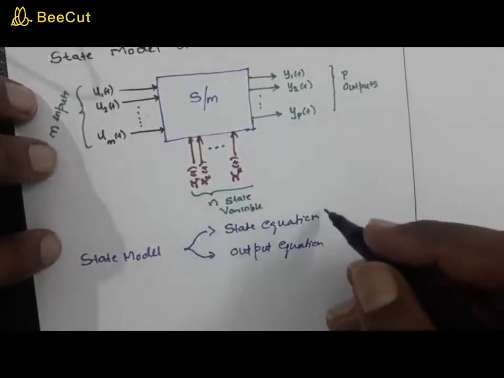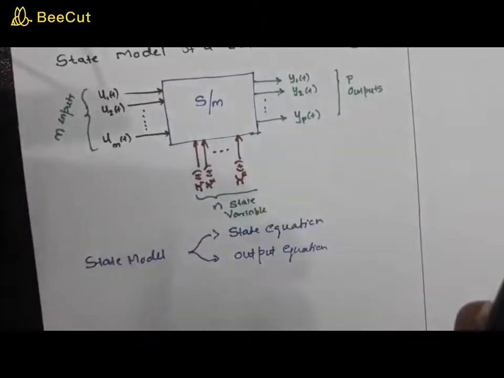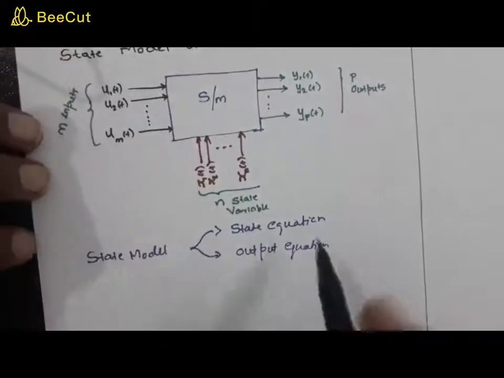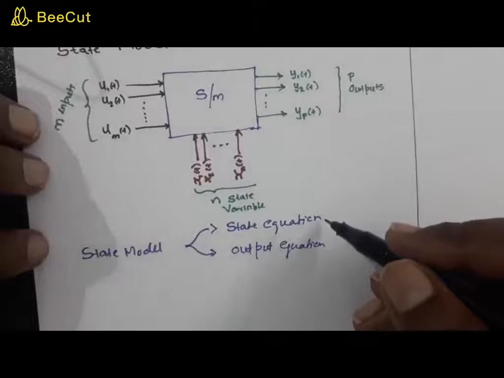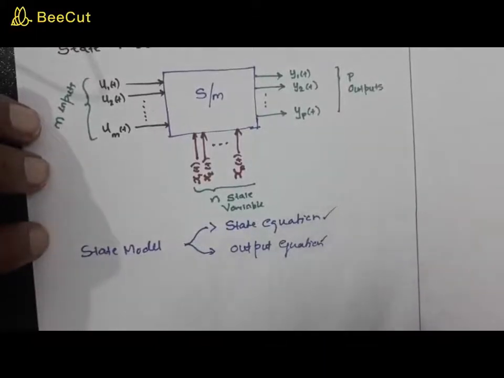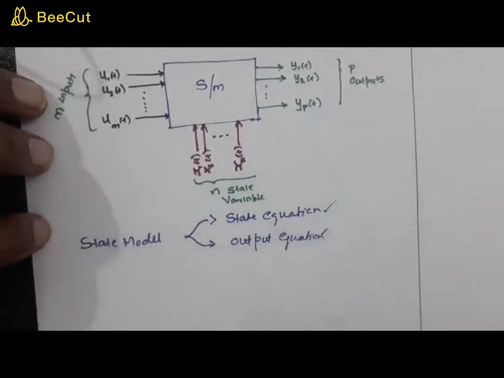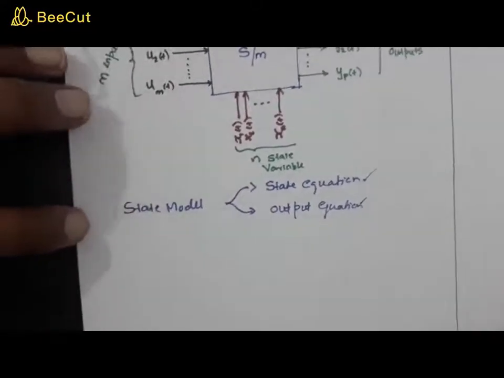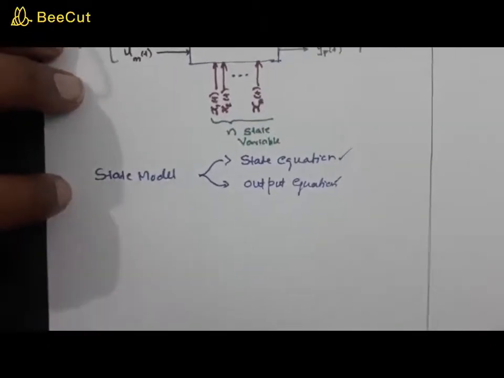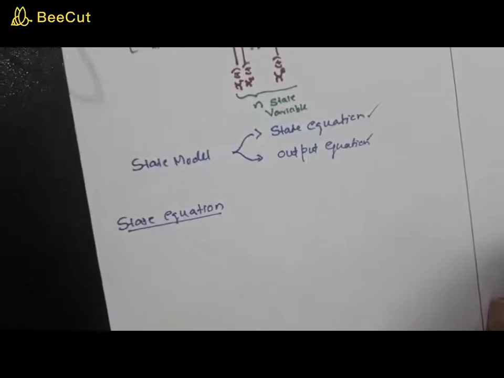These two combined describe the system. Any system can be described by this, be it a linear system or a non-linear system. They can be described by this set of equations called the state equations and the output equation.